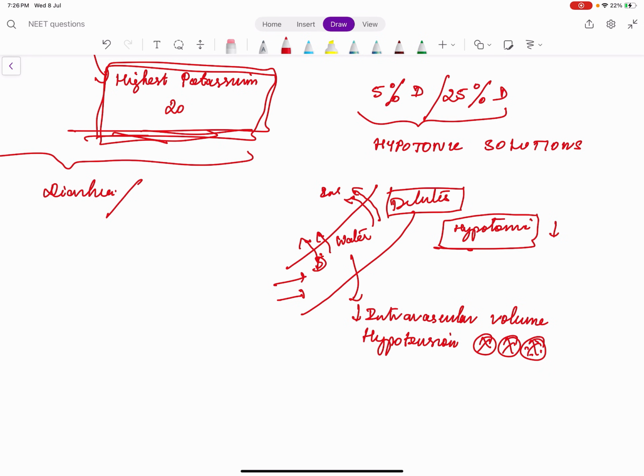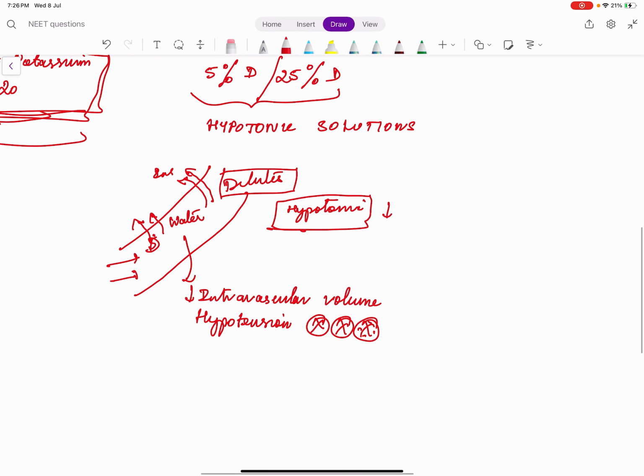Even if it is not asked in NEET, it is very good for a practical approach. Never give 5% dextrose or 25% dextrose in hypotension or shock. Since 5% dextrose has this complication, people combine 0.9% saline with 5% dextrose. It's called DNS. So it gives glucose as well as prevents hypotonicity.